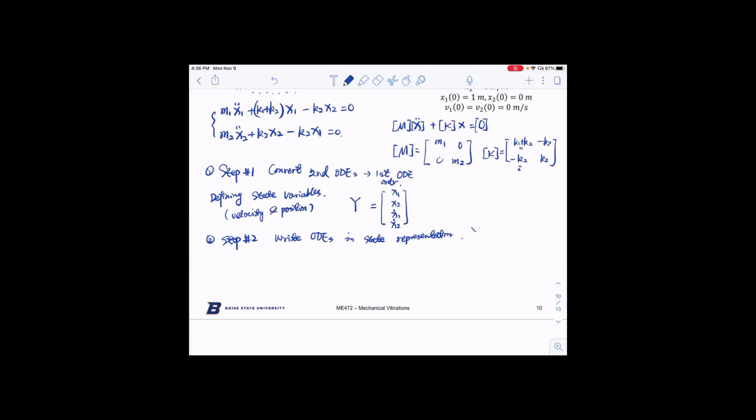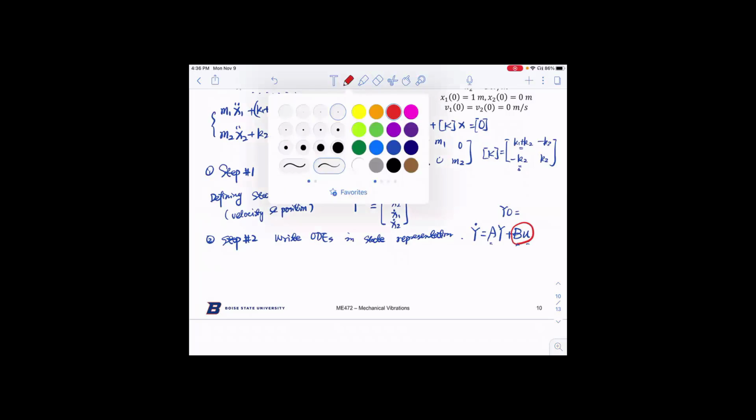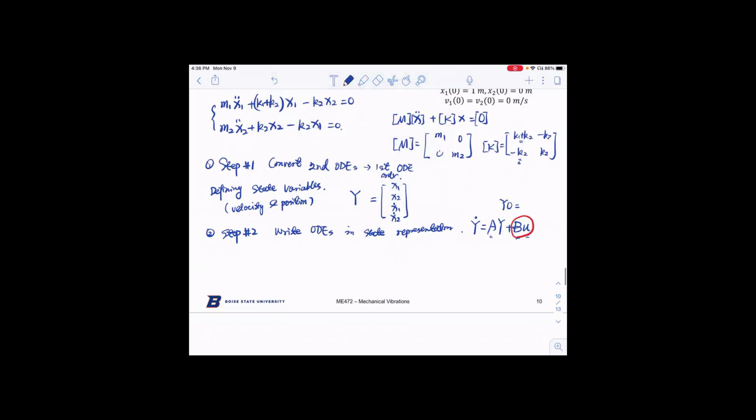You need to find y dot equals A y plus B u, and then you need to find your initial state. A matrix is called the system matrix, B is the input matrix, and u is your actual input. In this class, we won't separate B and u; sometimes we just merge them together. First of all, let's find out your A and B u for this example.